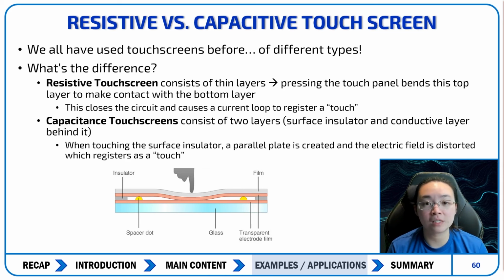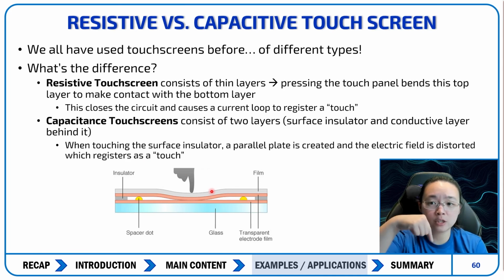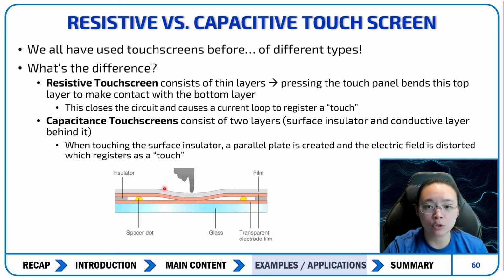This is called a resistive touchscreen, and it consists of thin layers. So this is an example of a resistive touch screen. If you're pressing down on the touch panel, it's going to bend the top layer to make contact with the bottom layer. What's unique about this is that the top layer, so the red part over here, is going to be a transparent electrode film, and the bottom also has another flat film.